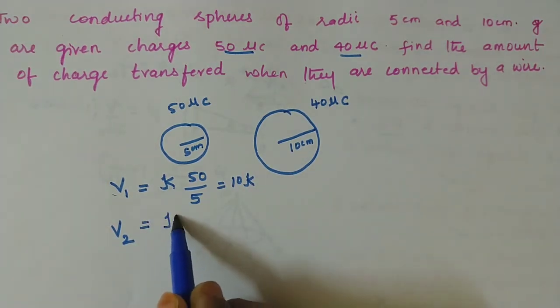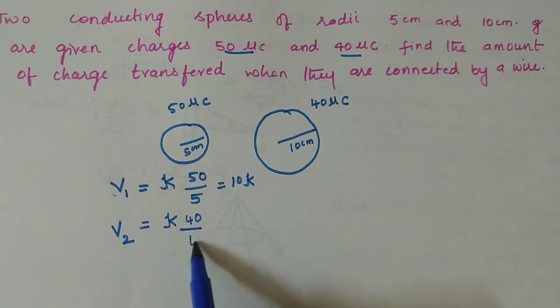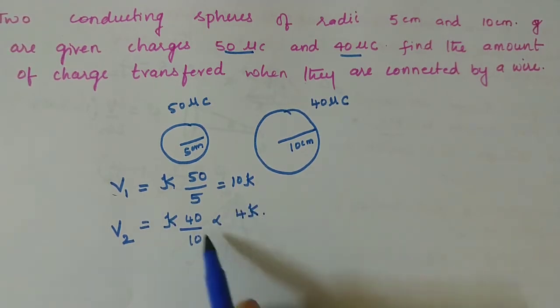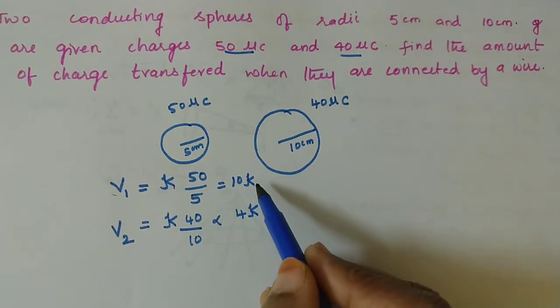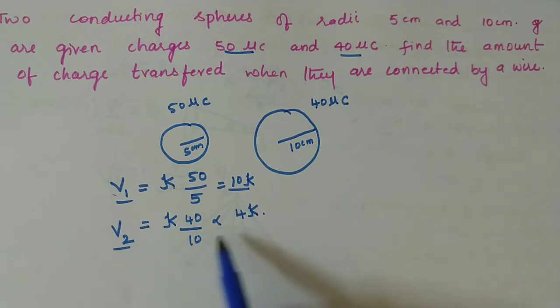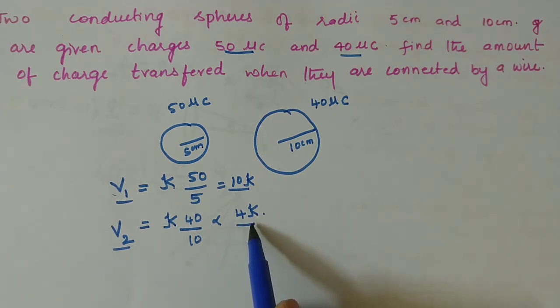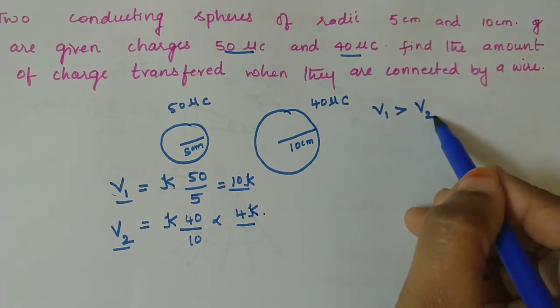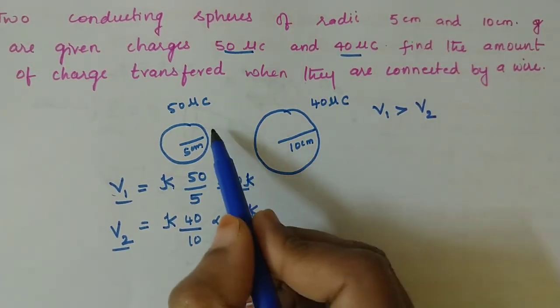Whereas for the second sphere it is k into 40 by 10, which is proportional to 4k. I didn't convert the unit, it is only for checking. So V1 is having 10 times of a constant, V2 is having a potential 4 times a constant, implies V1 is greater than V2.